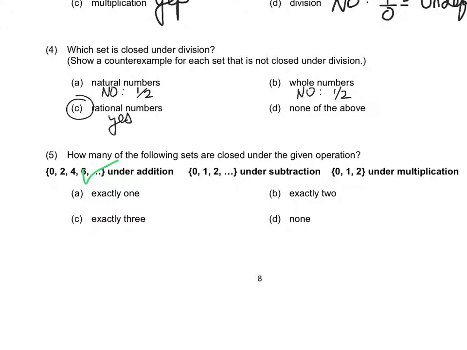No. Give me an example. 0 minus anything, because you're going to get a negative. So big red X on that one. And if I multiply any two values in that last set, what am I looking at? Yes or no? 2 times 2, right? No bueno. So exactly 1. And boom goes the dynamite.